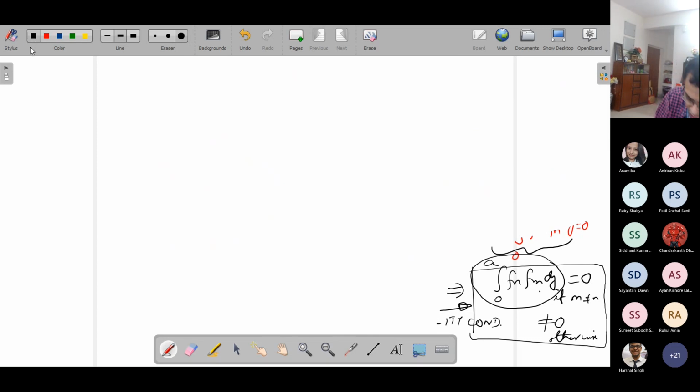If you recall, when we substituted the boundary condition, u2 is equal to minus u1 at z is equal to b, we came up with an fn. Fn is what?